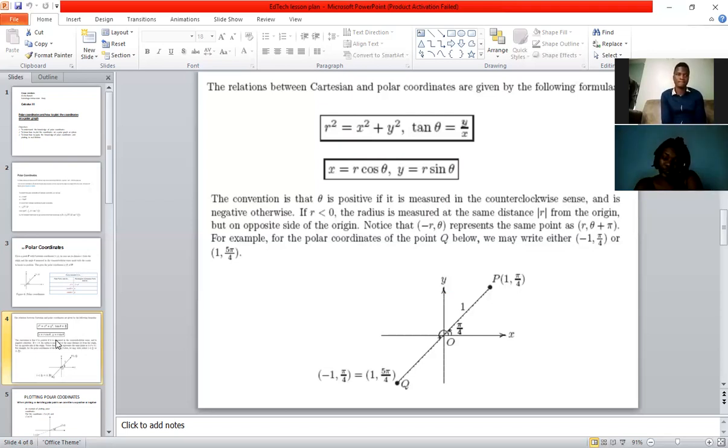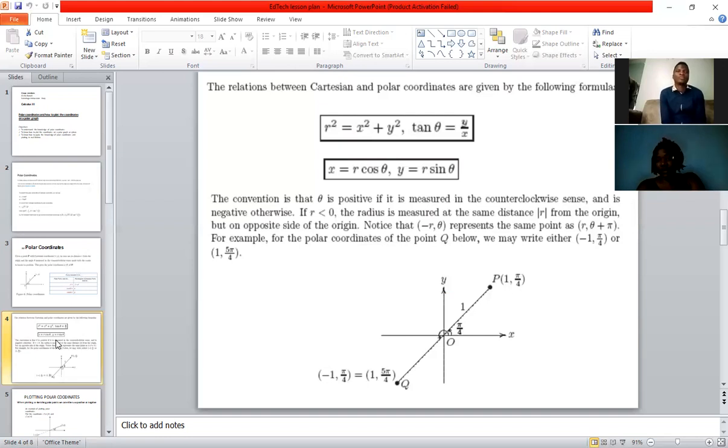Now, if r is less than 0, then it is measured in the sense of r magnitude. Do you know what r magnitude means? No, madam. Yes.